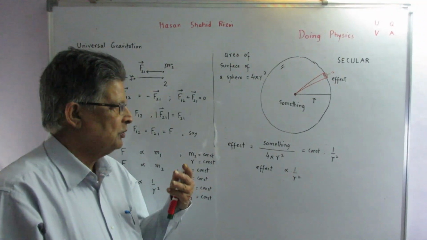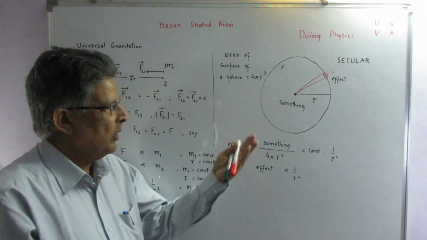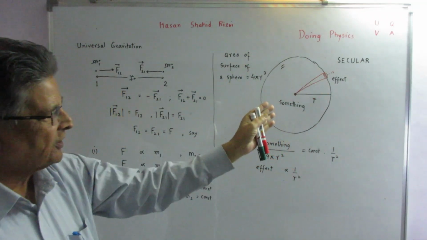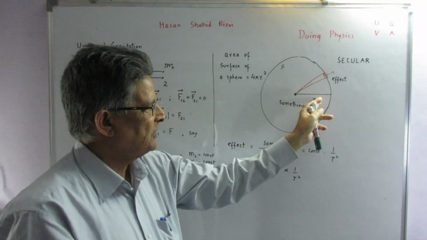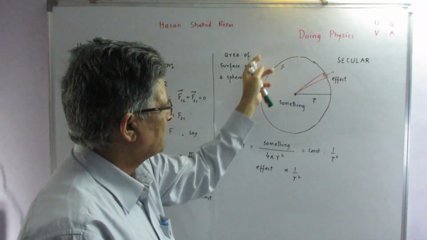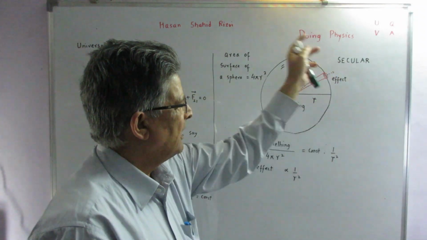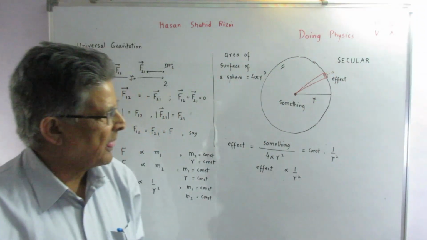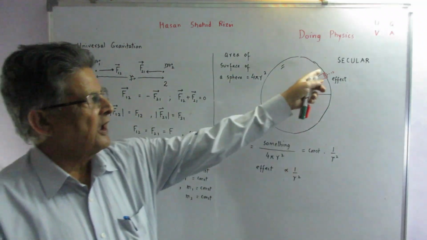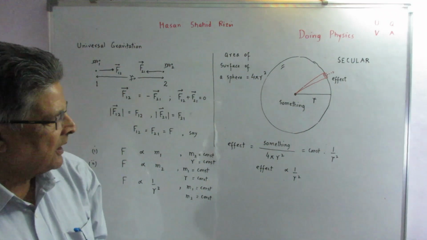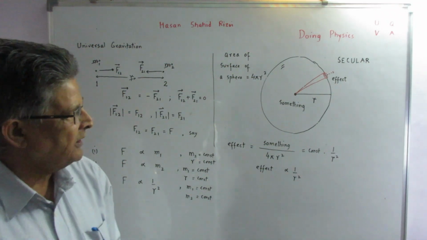Then if we want to know what is the effect on the surface, naturally the effect on the surface for this value of r will change if the value of r is increased and the size of the sphere becomes larger. That's why I use the word secular.